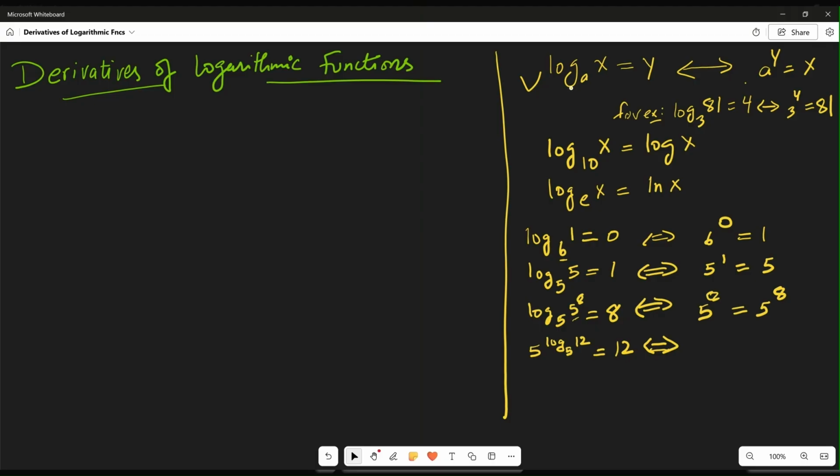So how do we write this? Log with base 5 of the argument 12 is equal to log base 5 of 12.